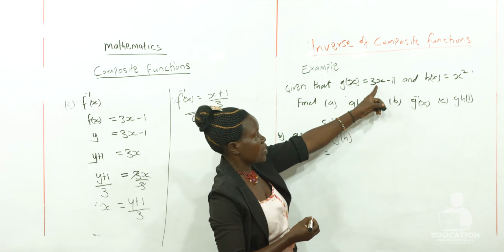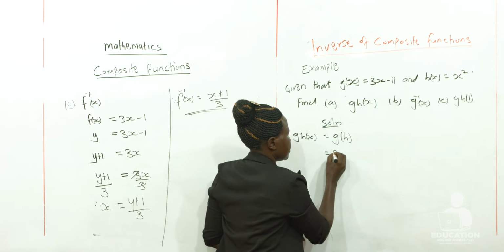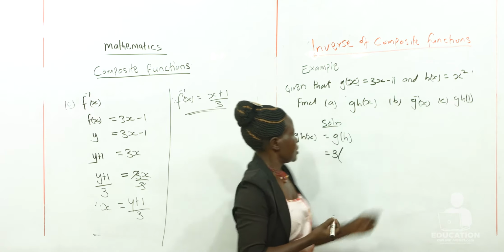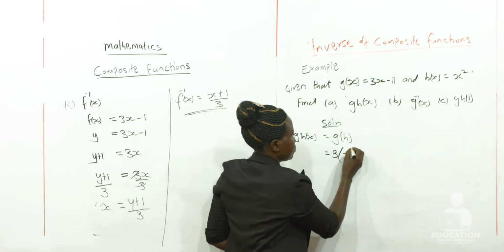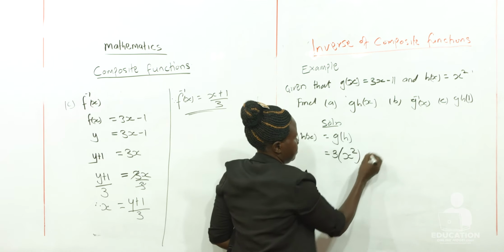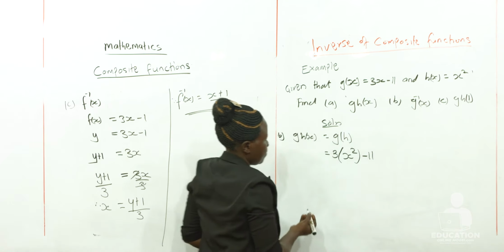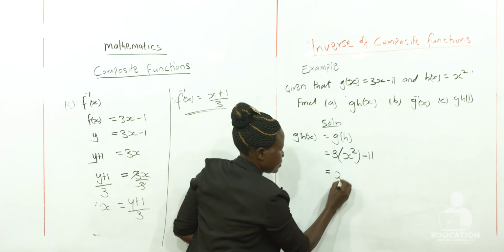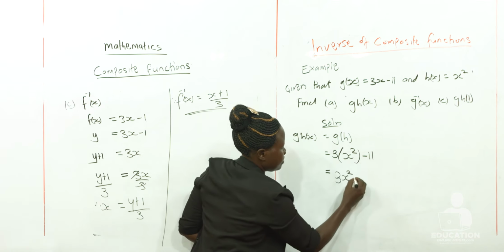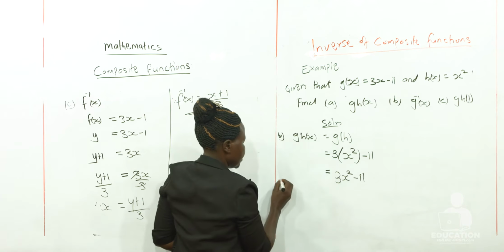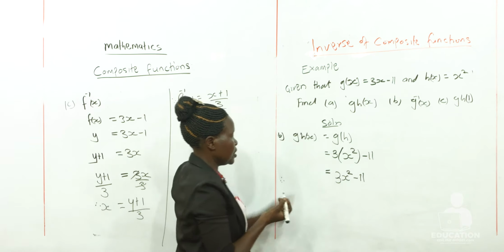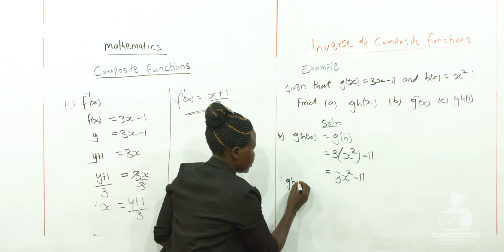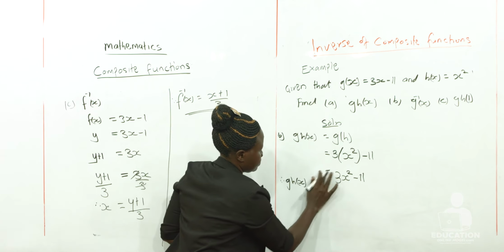The coefficient of x is given as 3. So where there is g, you put 3, open your bracket, the whole of h is in, which is x squared, close the bracket, and then minus 11. So from here you say, open the bracket, 3 times x squared, you get 3x squared, and then minus 11. So with this, because x is not known, then your answer will be gh of x equals this.